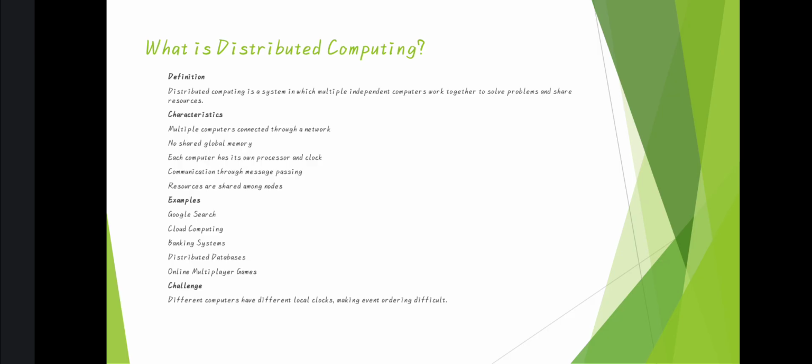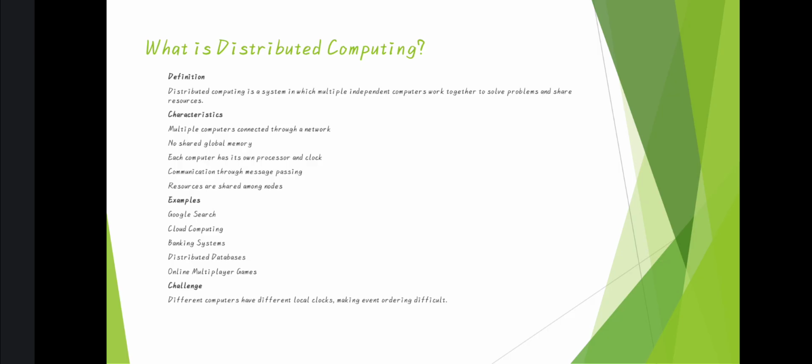For example: Google search, cloud computing, banking systems, distributed databases, online multiplayer games. These are examples of distributed computing. Once again, distributed computing is multiple independent computers working together.